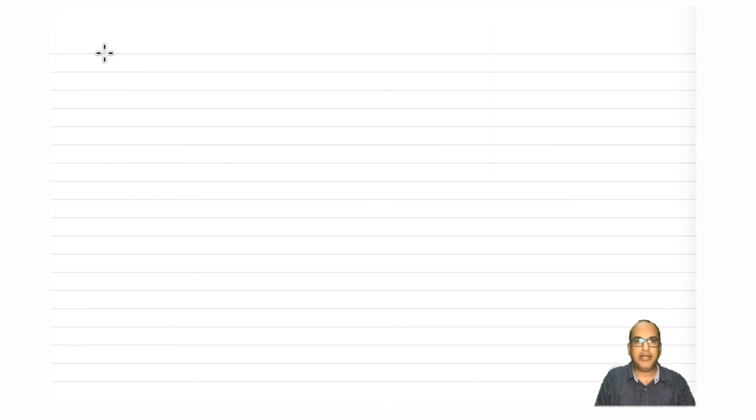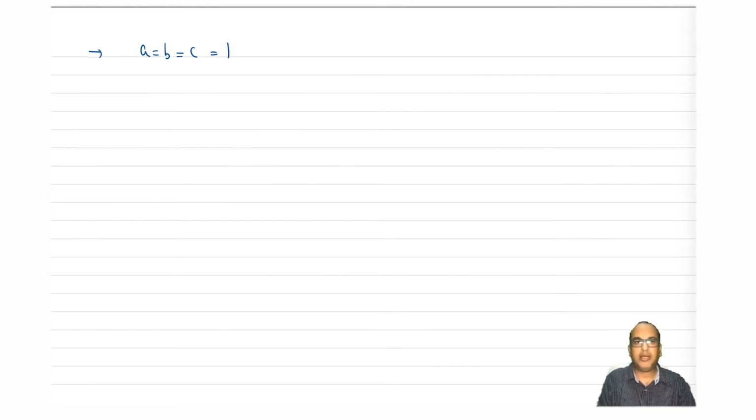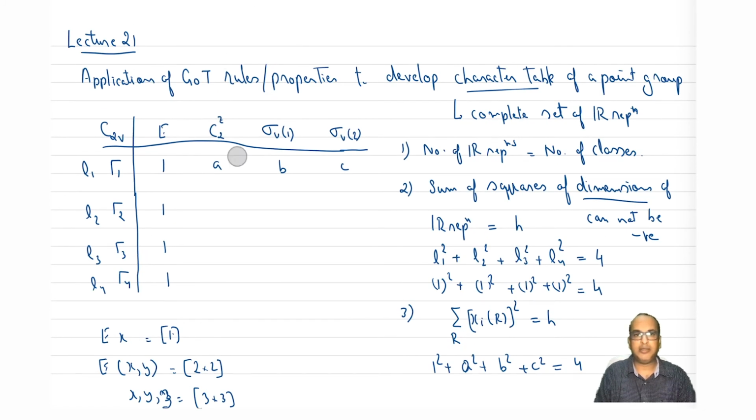So let's consider the first solution as A equal to B equal to C equal to 1. That is a valid solution. So we can populate this table as 1, 1, 1. Now let me write A, B, C over here. Now we need to solve for this.